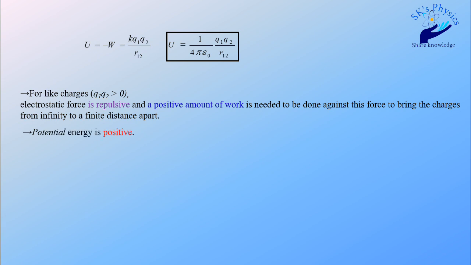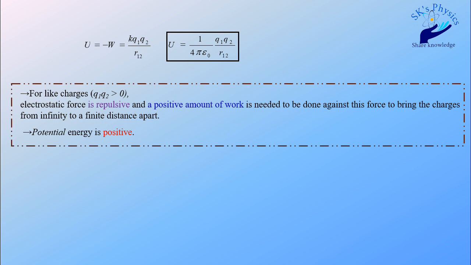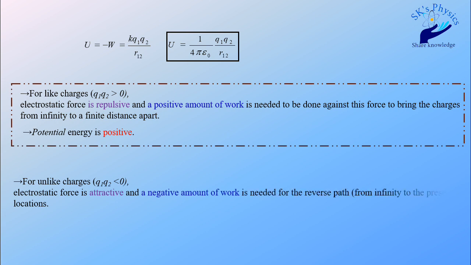The potential energy is positive because work done is positive. Same for unlike charges: the electrostatic force is attractive and a negative amount of work is needed. Potential energy is negative because work done is negative.